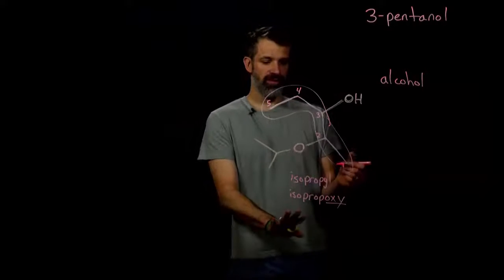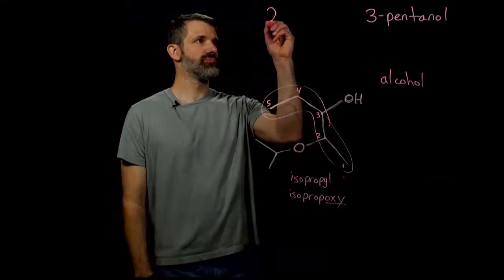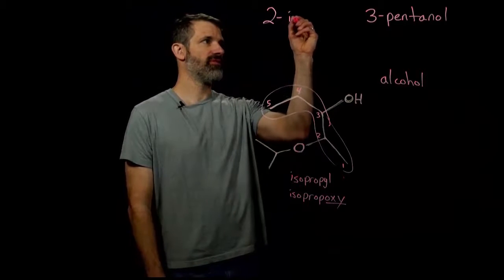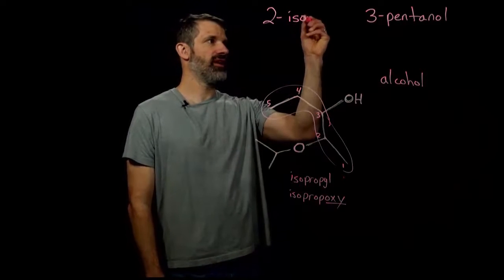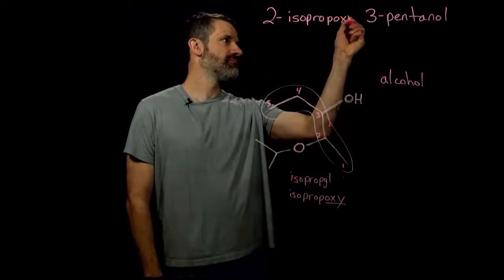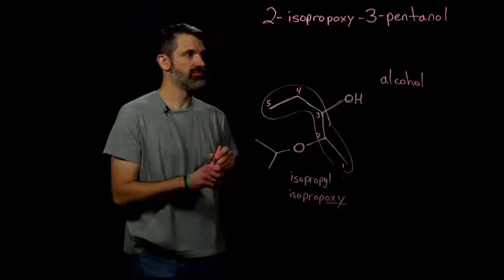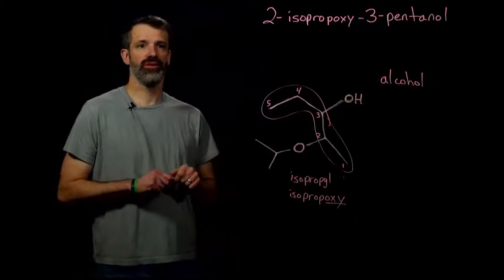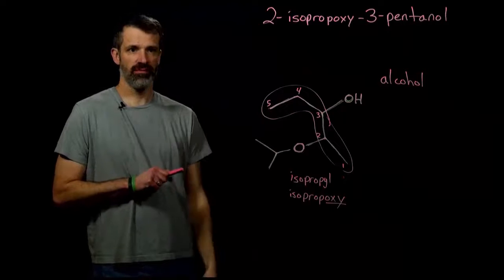Because it's coming off of carbon number 2, we need to designate that. That substituent will go in front of our parent chain name. So the full name for this compound is 2-isopropoxy-3-pentanol.